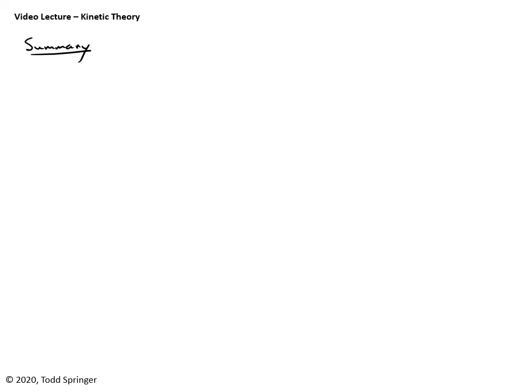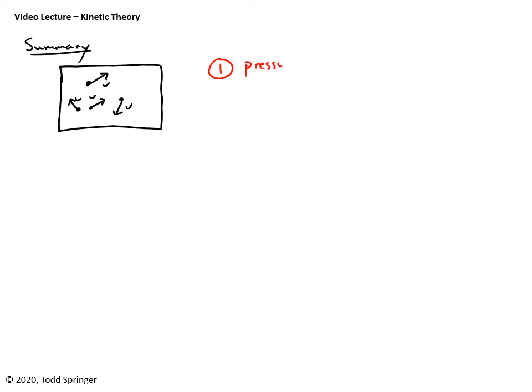So just to summarize what we've done, we treated a gas as a bunch of billiard balls bouncing around, hitting each other, hitting the walls. And we have a new picture now, which is that pressure is due to momentum change of the gas molecules in collisions with the wall.